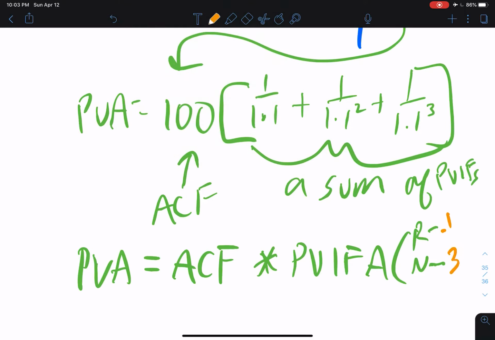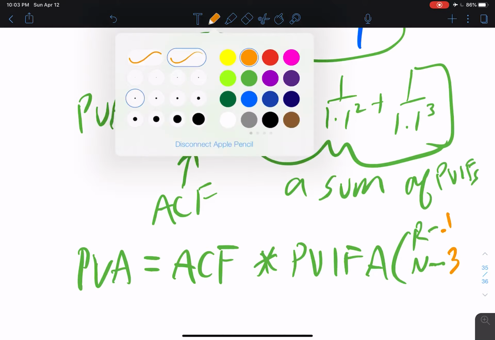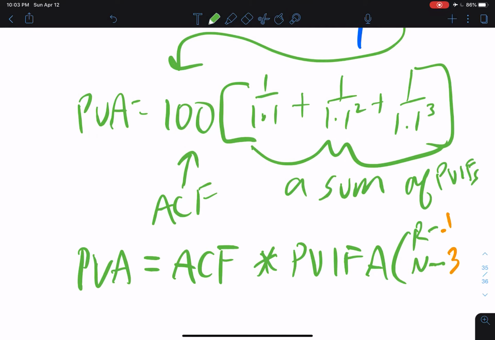Why 3? Because for a PVIFA, the N value represents the number of cash flows in the annuity. And we obviously have 3 cash flows in this annuity. Okay, so there we go. And this is the general formula.